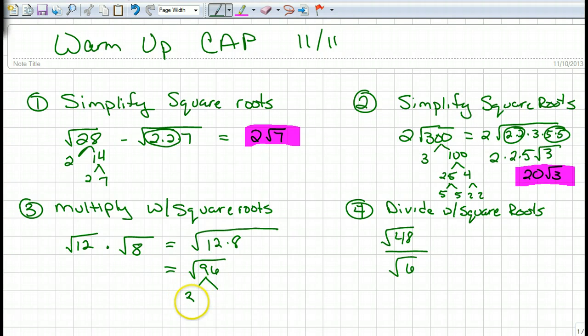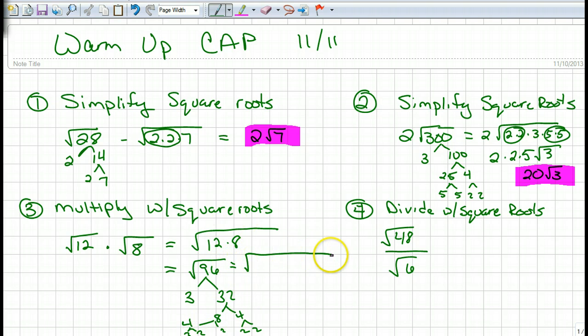We know that 3 goes into 96 32 times. Okay? And then 32, you have 8 and 4. This can break down to 2 and 2. And then 8, you got 4 and 2. And then 2 and 2 here. I'm running out of room.